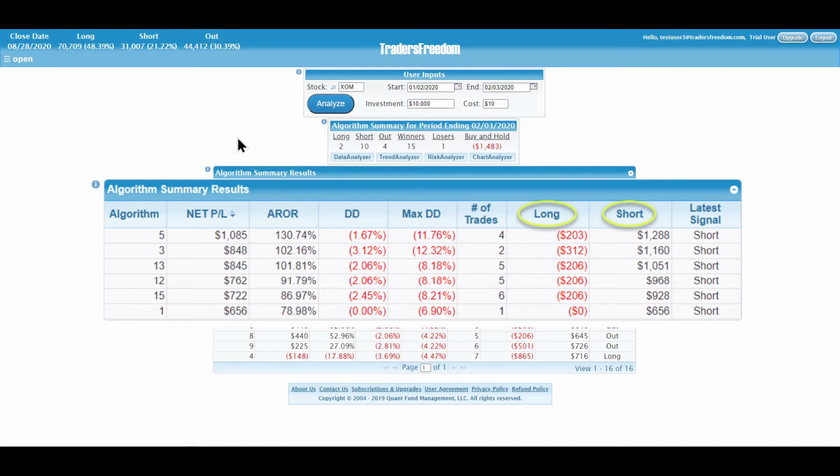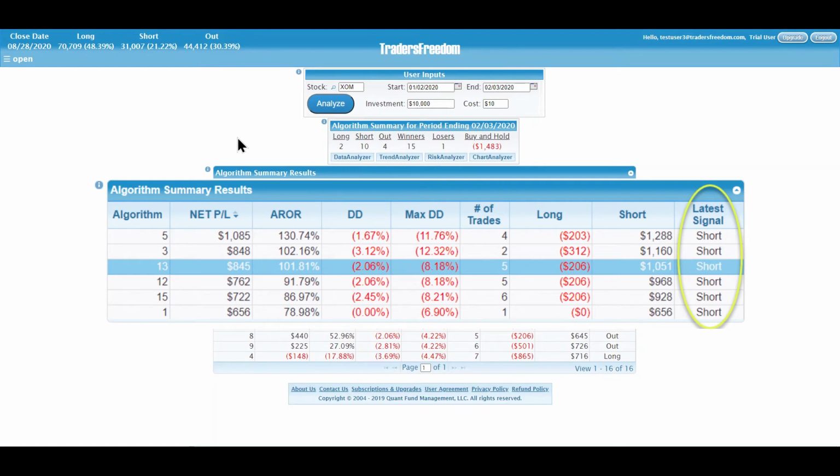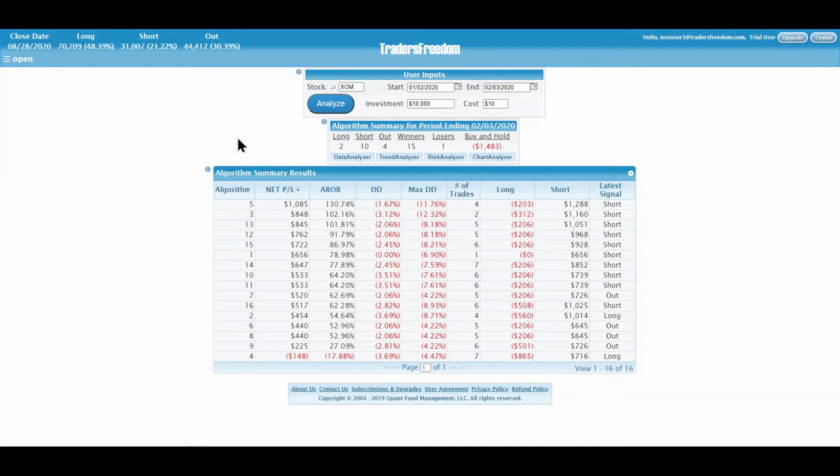How those returns look if you annualize them over 12 months, just for comparison's sake, in the AROR column. How each model's risk looked measured by drawdown in the DD and max DD columns. And then each algorithm's signal for the next day, long, short, or out, based on the latest data available up until your end date.